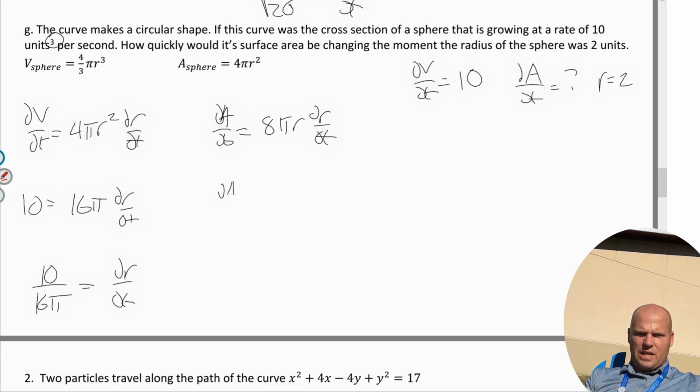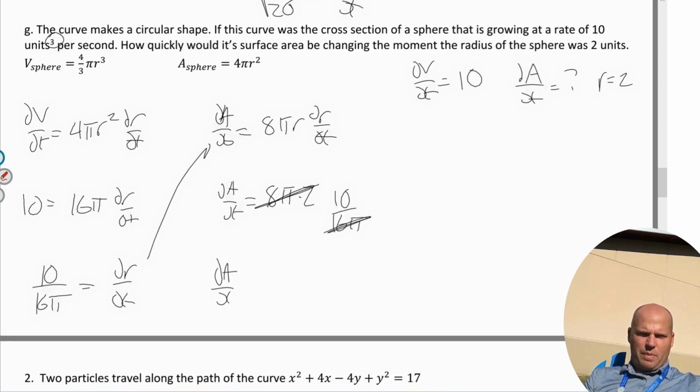We then plug that in here to get dA dt. Realize that the 16 pi cancels with the 16 pi.